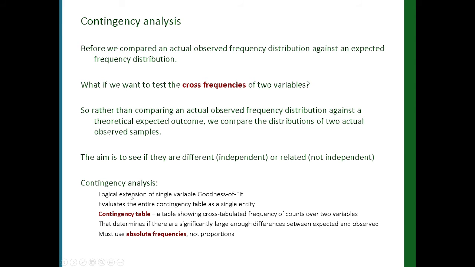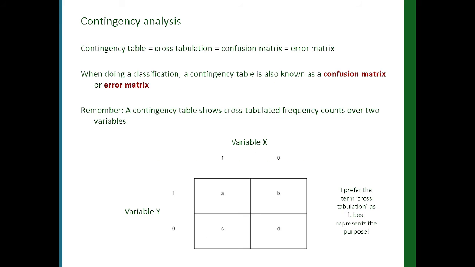So this is an extension of the type of goodness of fit approach we covered earlier, and it evaluates the whole contingency table as a single entity. I'll explain what I mean by a contingency table, but this is basically a table showing cross-tabulated frequencies of counts over two different variables, okay? I'll explain what that means in the next slide or so.